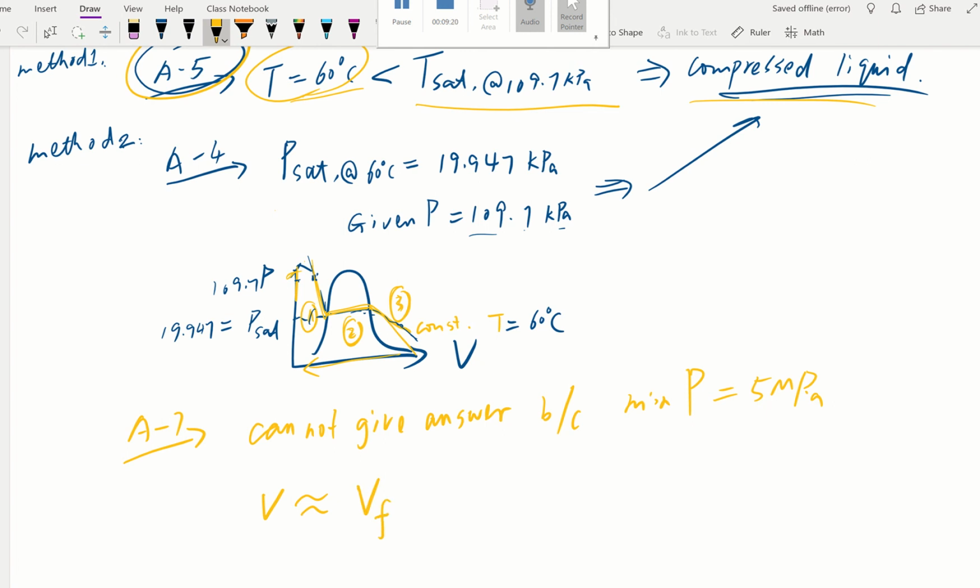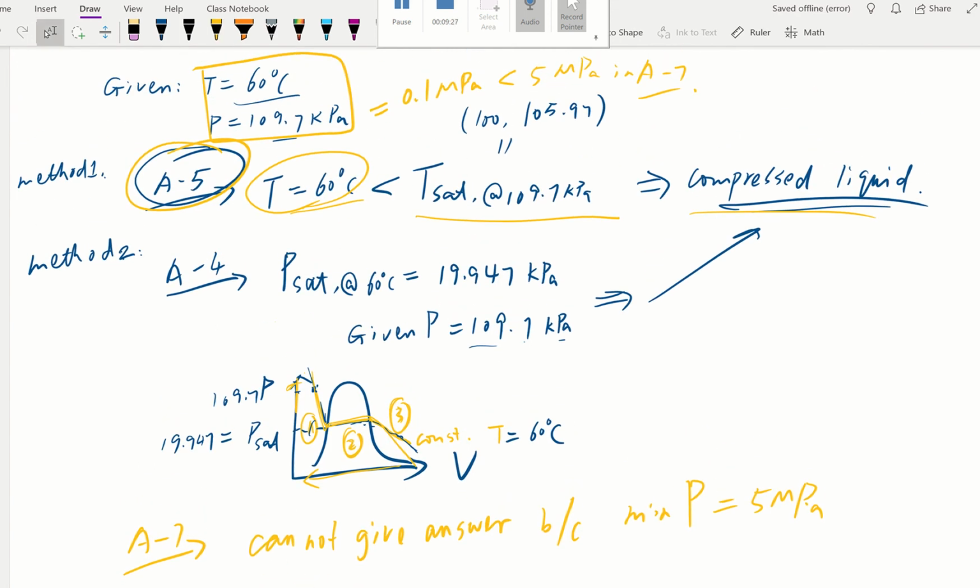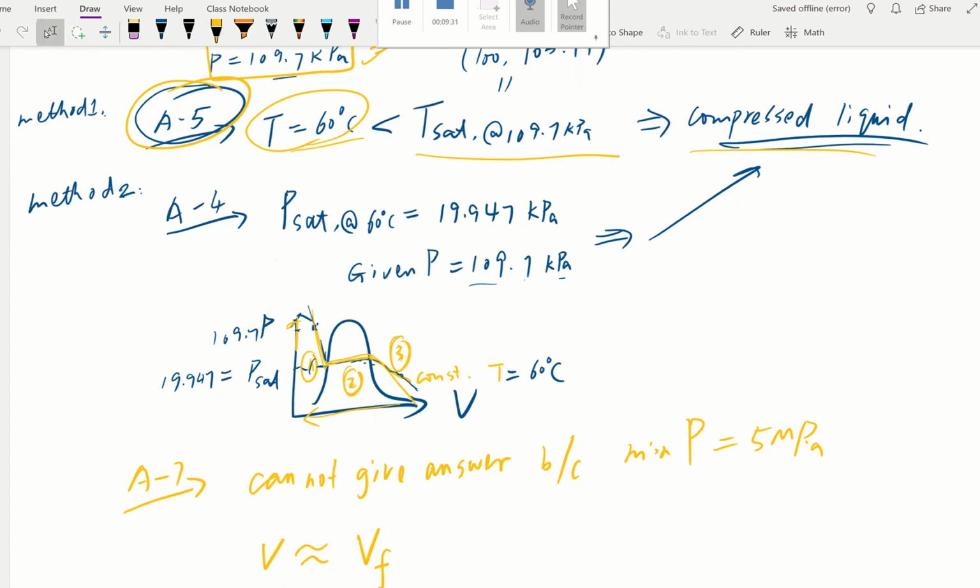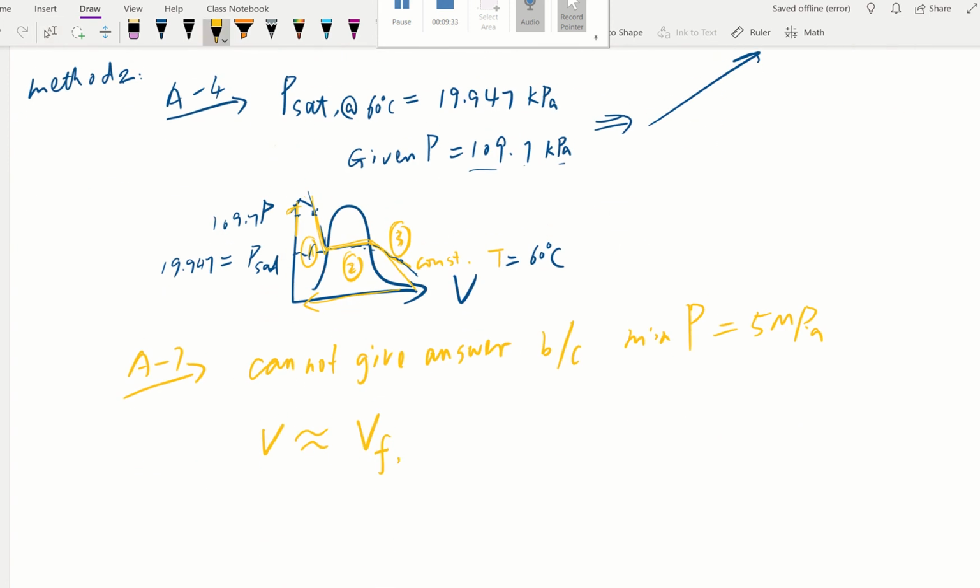So we're going to use saturated liquid, Vf, the specific volume for saturated liquid. However, we have both temperature and pressure. Which one do we use? We absolutely have to use this temperature. That's the key. I'm going to highlight this. This is important. Why? You think about it.